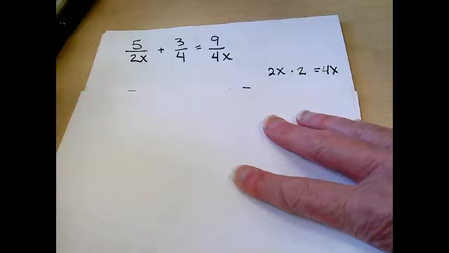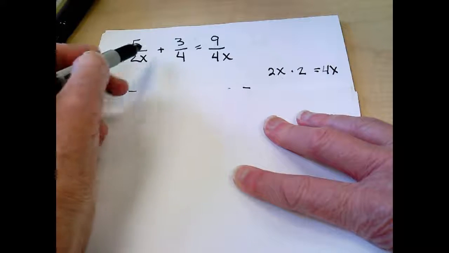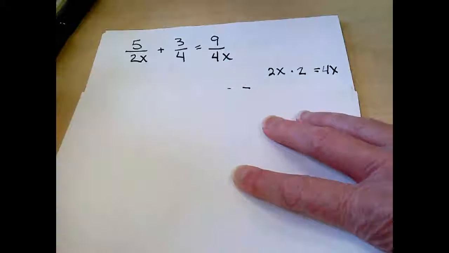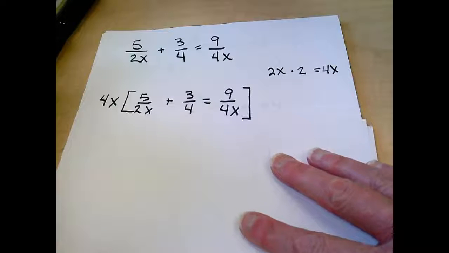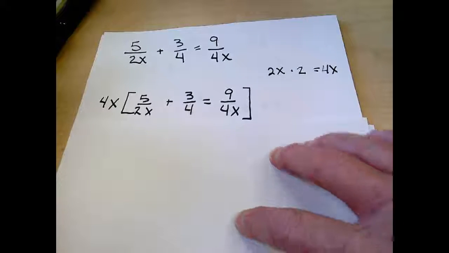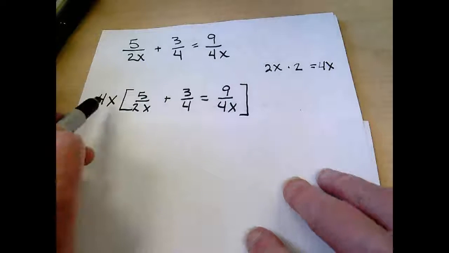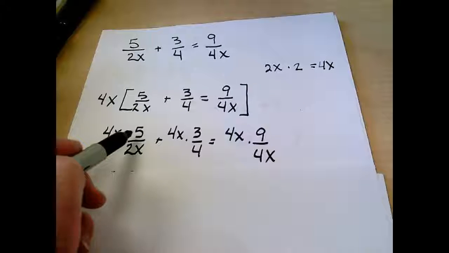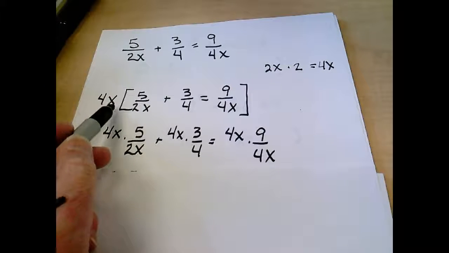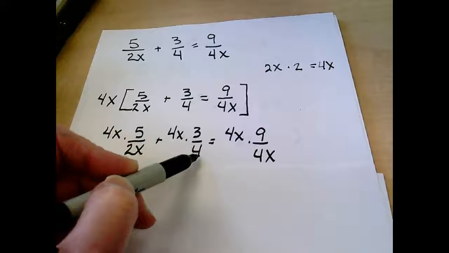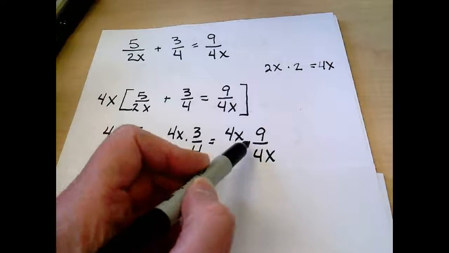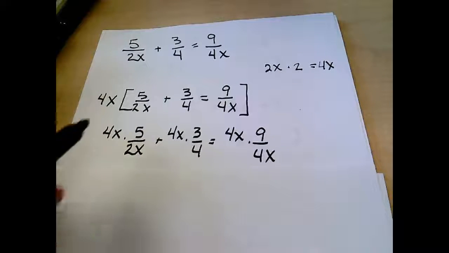So instead of making sure I convert every single one, I can eliminate that common denominator by multiplying across by the common denominator. So I multiply 4x times the 5 over 2x, the 4x times the 3/4, and the 4x times the 9 over x.